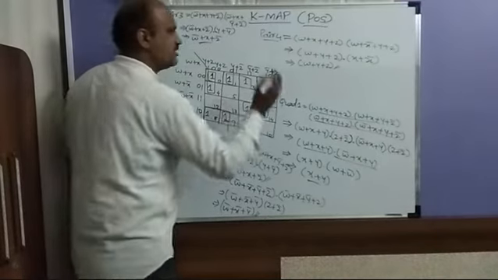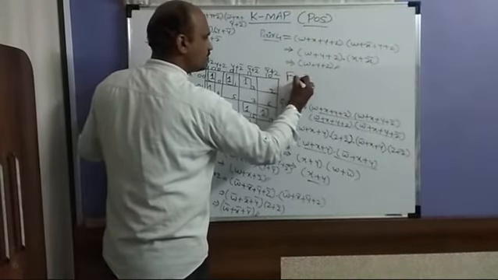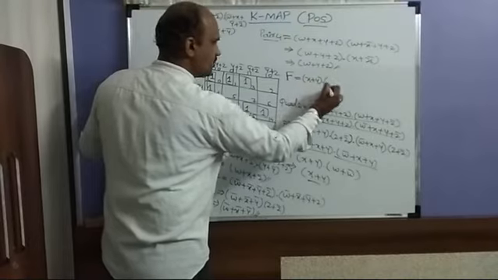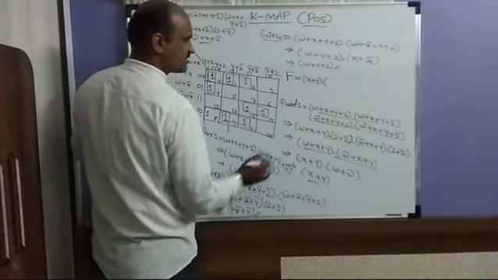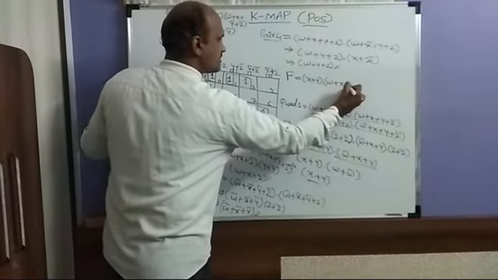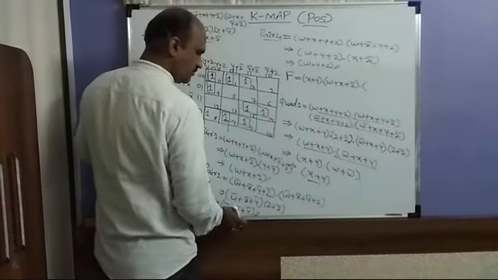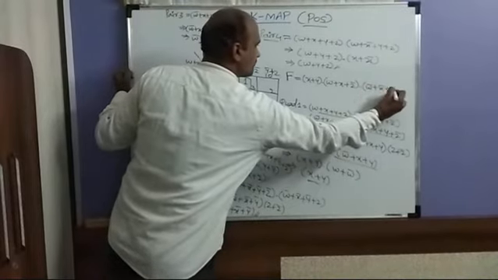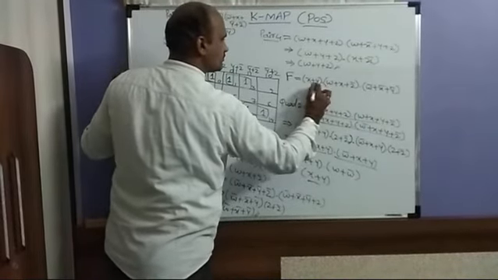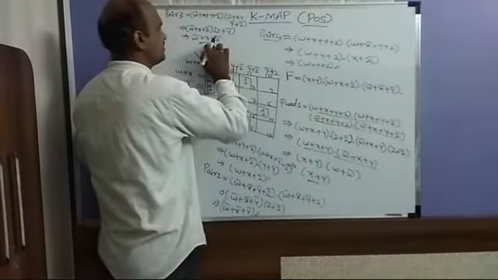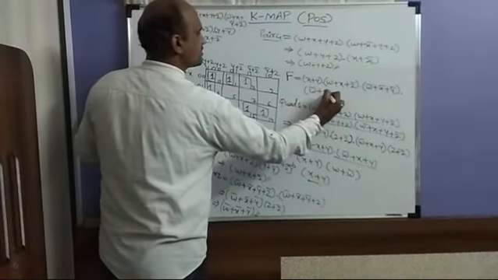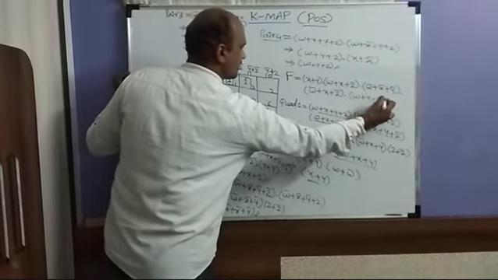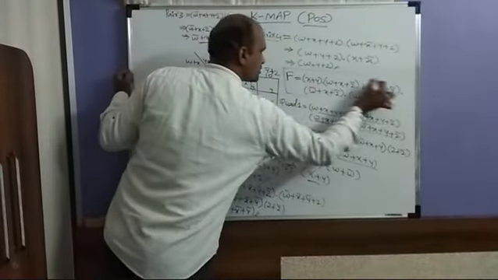Finally what you should write, as I told you, f is equal to quad x plus y, into pair 1 w plus x plus z bar, then pair 2 w bar plus x bar plus y bar, then pair 3 w bar plus x plus z bar, into the fourth pair w plus y plus z. Okay, this is the final expression we got.